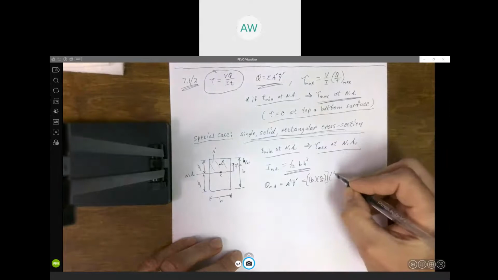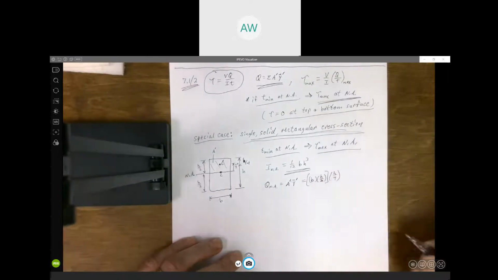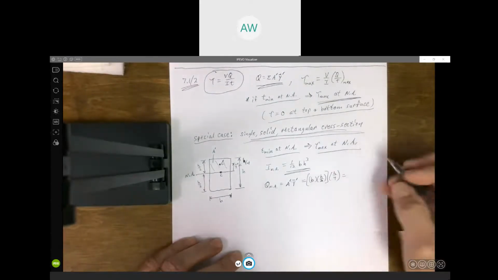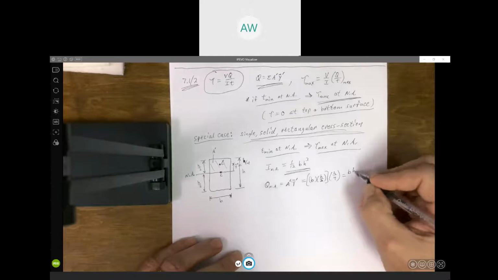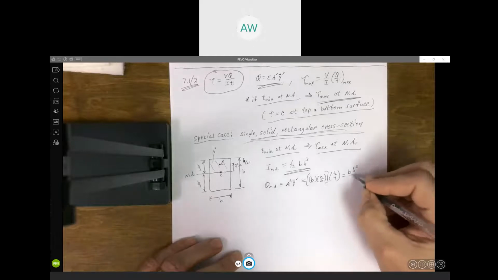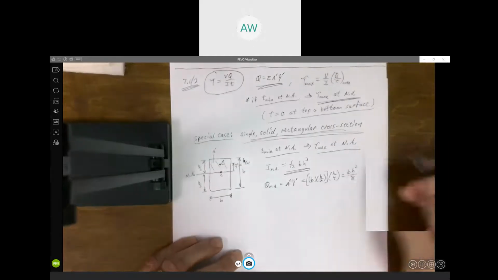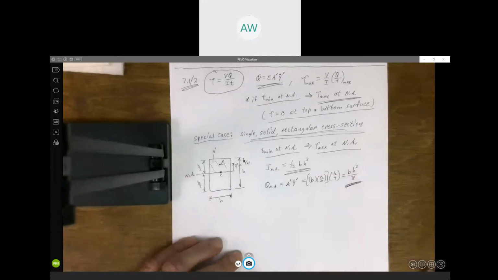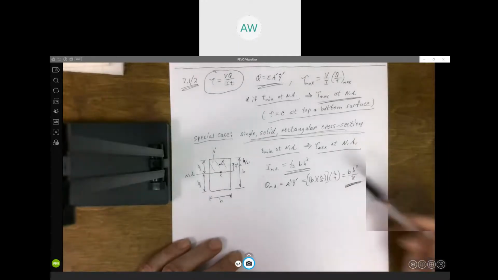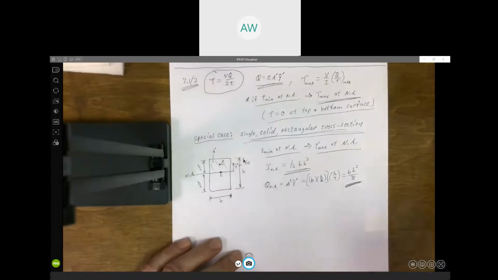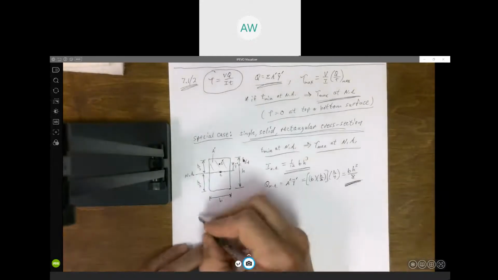Let's see if I can do my math right. We've got a b, we've got h squared, and 2 times 4 is 8. All right, so we've got I, we've got Q, and we're going to plug into this formula.